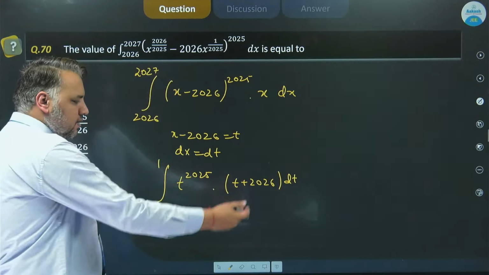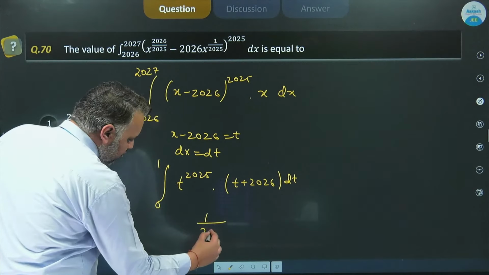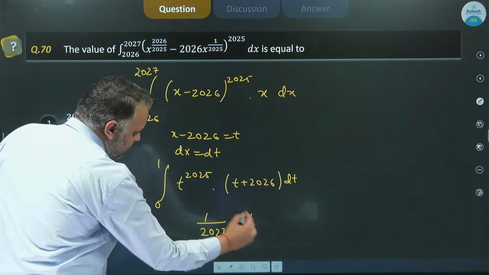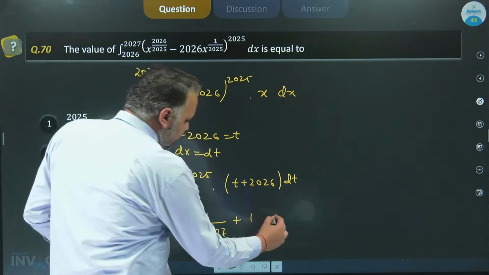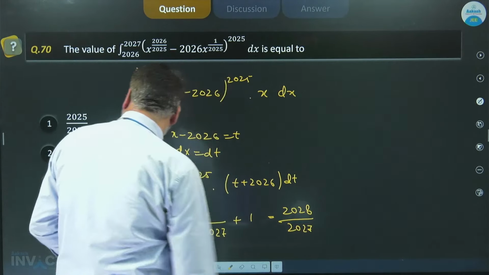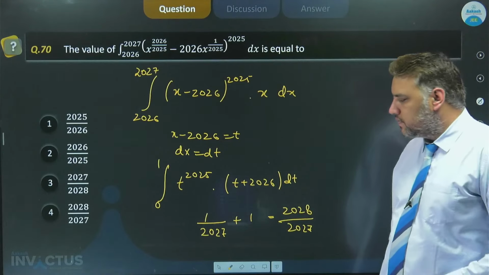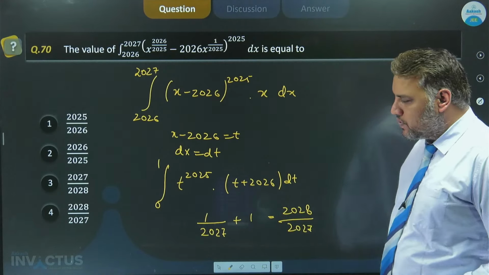Now simply you can integrate it. This will be 1 upon 2027 plus that will be 1. So the answer must be 2028 divided by 2027. So 4 must be the correct answer, 2028 divided by 2027.